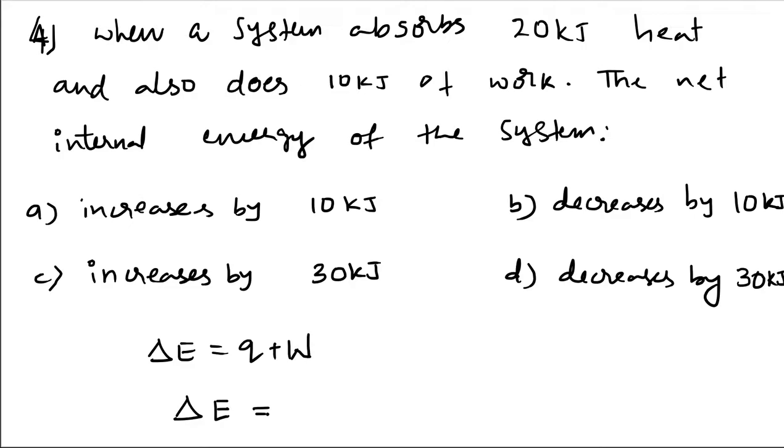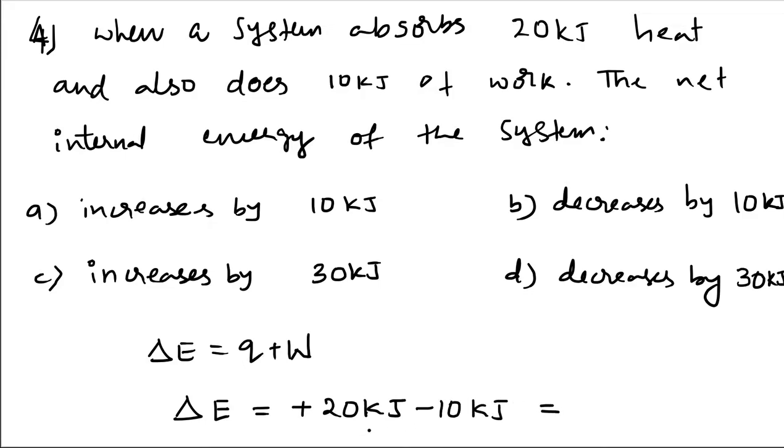In the problem, the system is absorbing the heat, therefore it must be a positive sign, so 20 kilojoules, and it is doing the work. It is absorbing 20 kilojoules of heat and also does 10 kilojoules of work. Therefore, that must be negative.